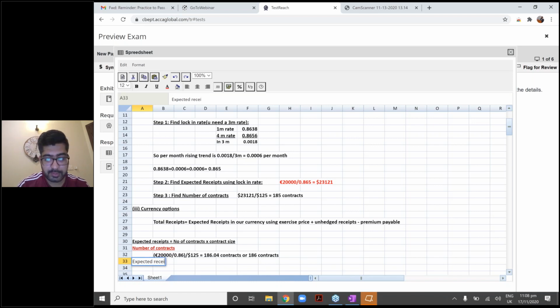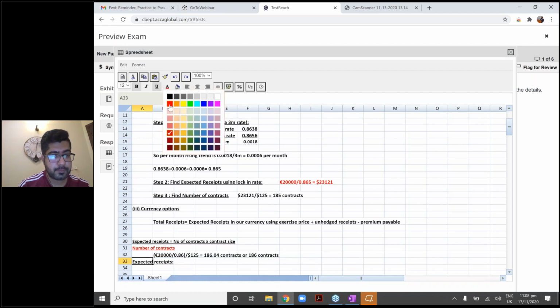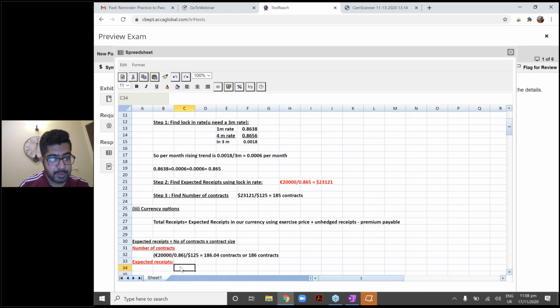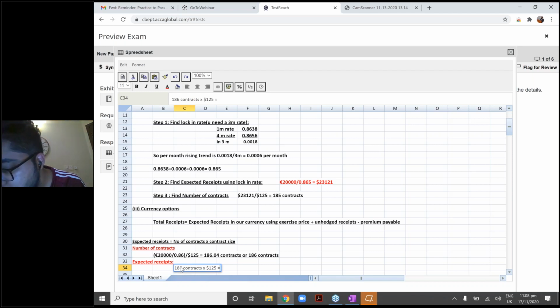Expected receipts. It's basically number of contracts into contract size, which is $125. $23250.